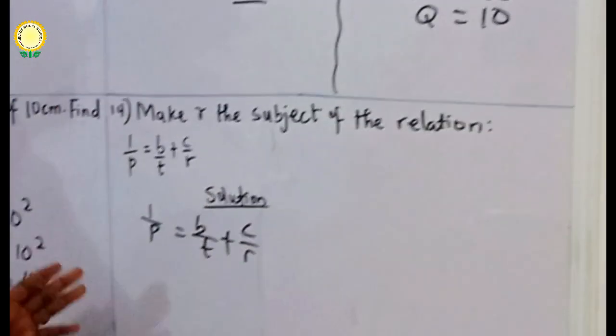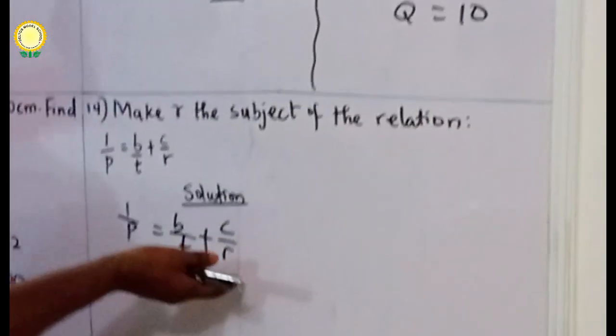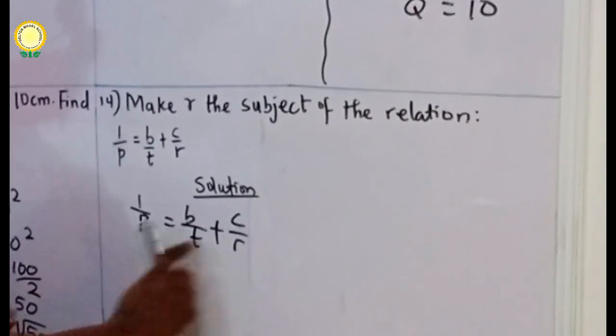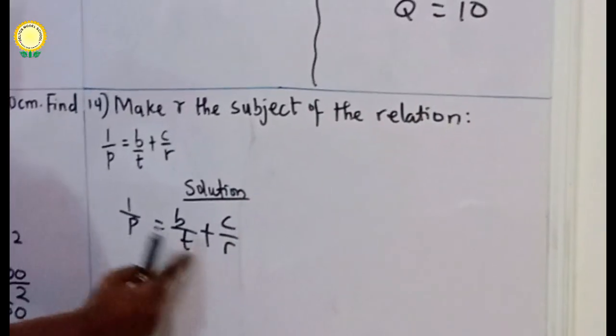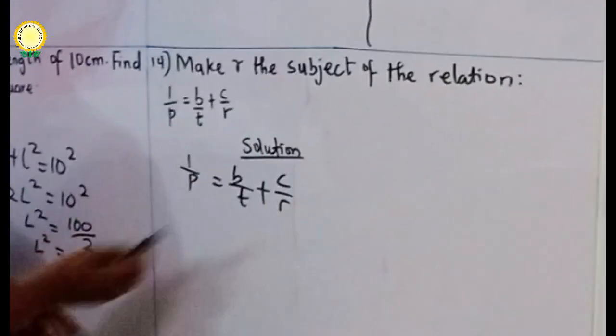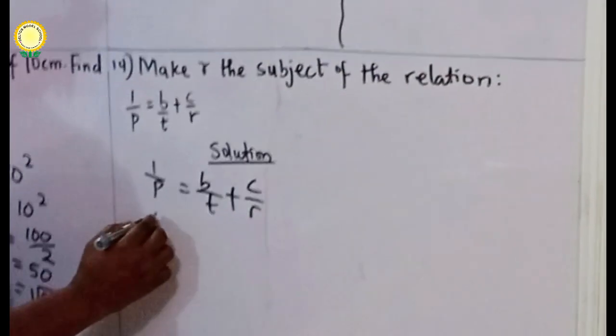When you have this kind of question, even in fractions that have known numbers, you can multiply the denominators and then multiply through by whatever you get. So we're working with PTR.